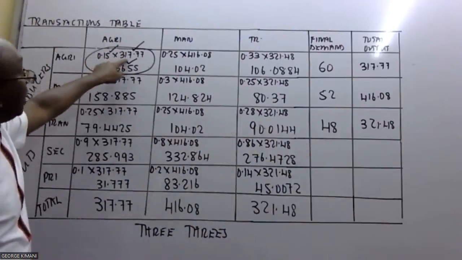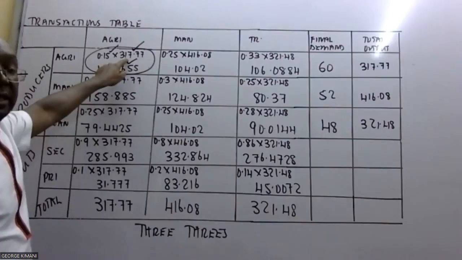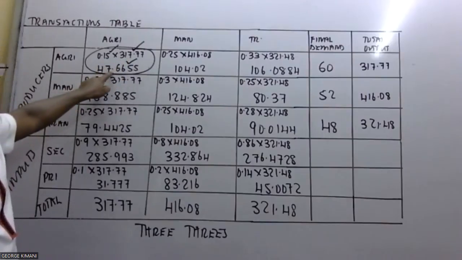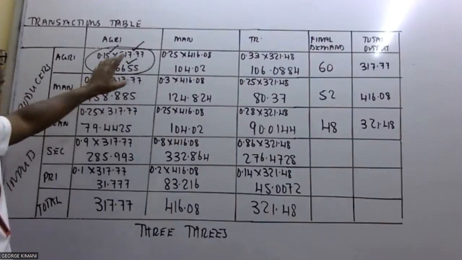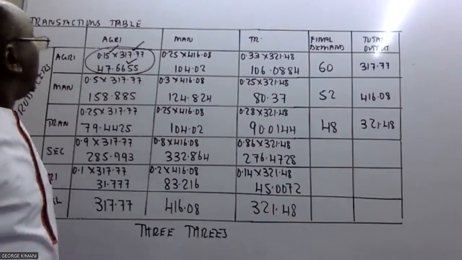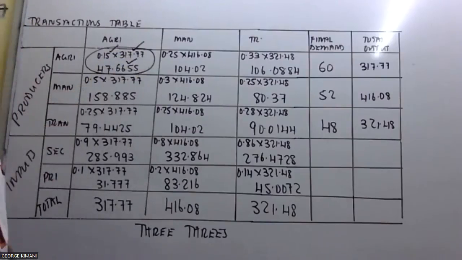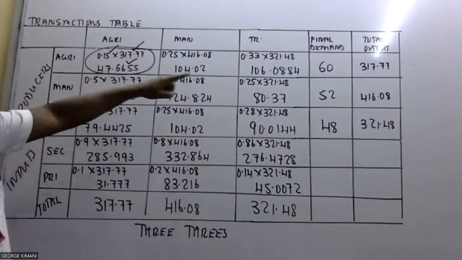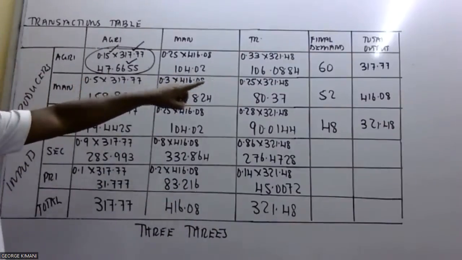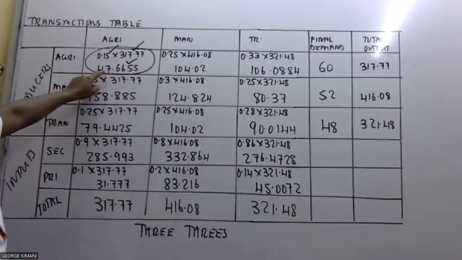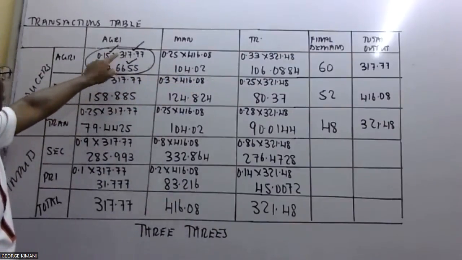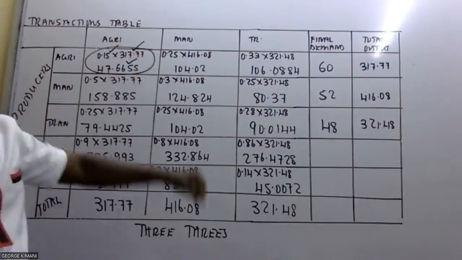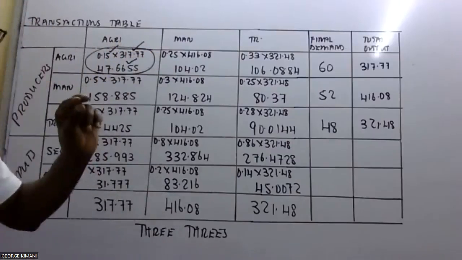Alafu tukapata hii 317. Tusaidia kupata huyu 47. So that is the first. Na ukikorwo in totals, ukohetwo 47 na hii ya kule 317, all you need to divide this 47 by 317, you get this one.